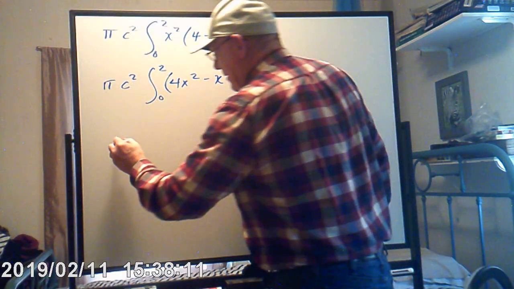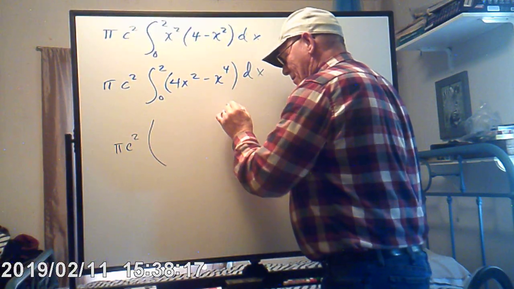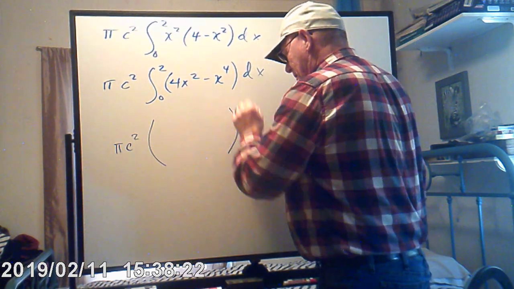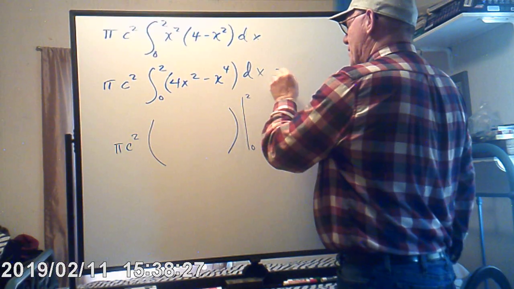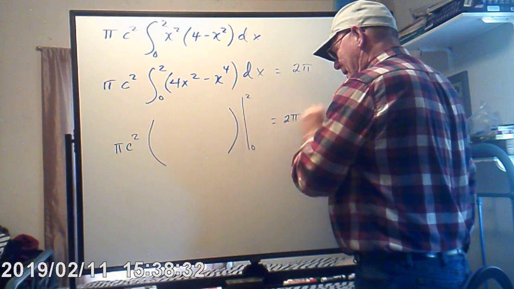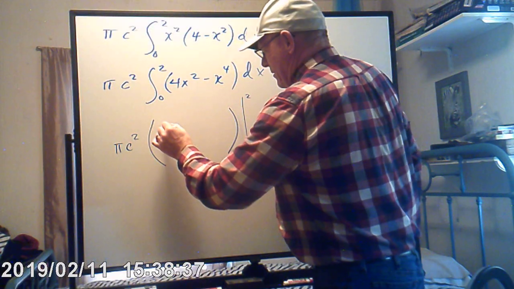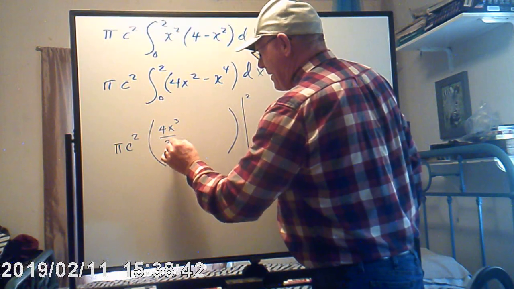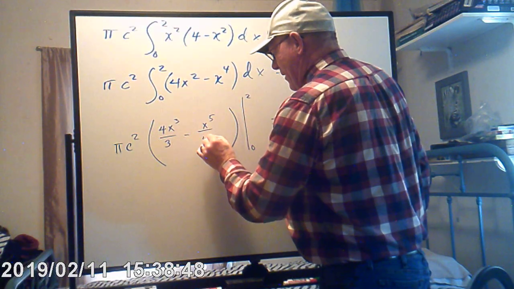So what we have here is pi c squared times, going from 0 to 2, and remember this is equal to 2 pi, so let's not forget the entire equation. This is going to be 4x cubed over 3 minus x to the fifth over 5.